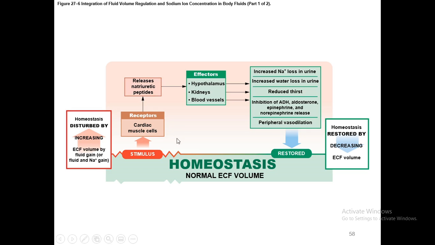And that's going to cause the release of ANP, and that's going to affect the hypothalamus, the kidneys, and the blood vessels. So the hypothalamus is going to reduce the thirst. The kidneys are going to help to get rid of more water in the urine and increase sodium loss in the urine. And the blood vessels are going to vasodilate. There's also going to be an inhibition of the antidiuretic hormone, aldosterone, epinephrine, and norepinephrine release.